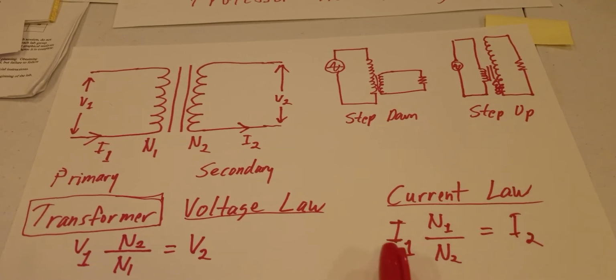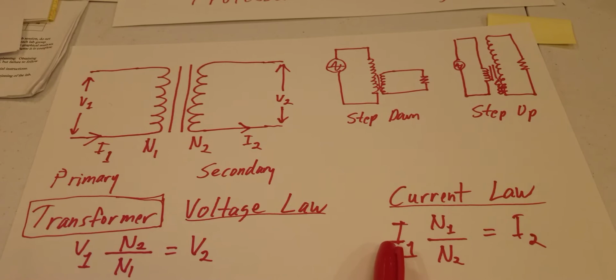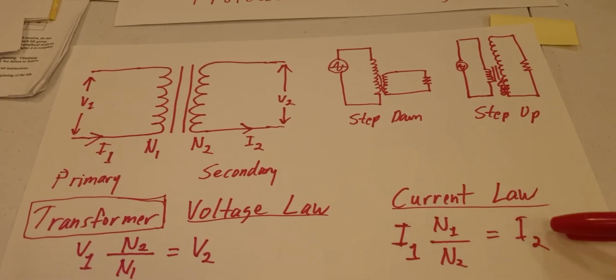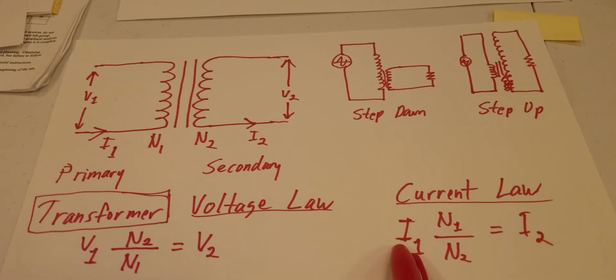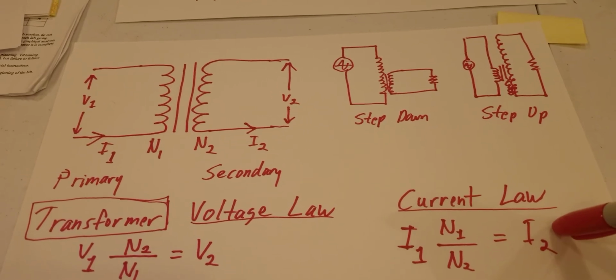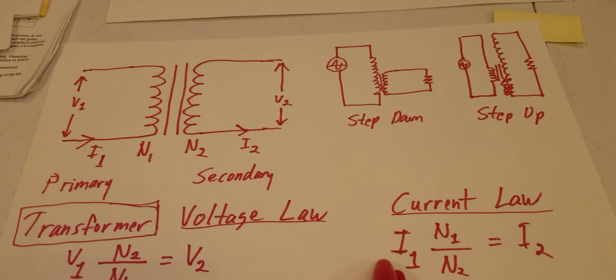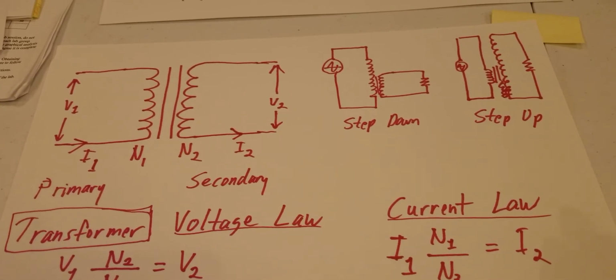That means we would have to step the current down on the front end. You'd have 10 times as much current on the secondary available to the load. It would only take 1/10 of the current that it would normally have taken had it been a 1-to-1 ratio.